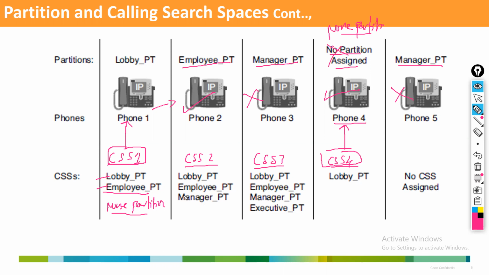So as the user, when I'm dialing number 123, 123 is in partition B. I'll go to my CSS. Do I have the partition of 123 under my CSS? Yes, then I can dial. No, it's not possible to dial. What error? Busy tone. So is it possible to make a call from 4 to 413?